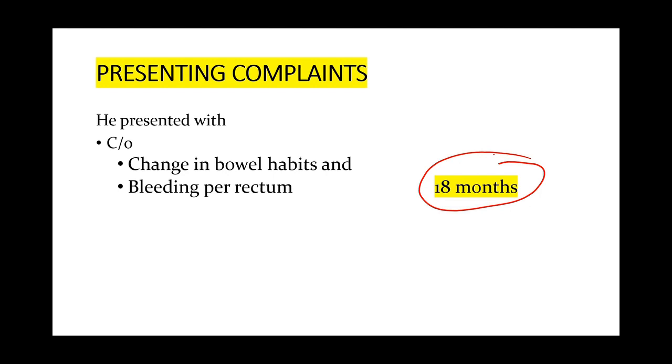But however, in this particular patient, both change in bowel habits and bleeding per rectum occurred at the same time. If, for example, the change in bowel habit was there for 18 months and the bleeding per rectum surfaced later, maybe in 5 months, your presenting complaint will be change in bowel habits of 18 months duration, then bleeding per rectum of 5 months duration.